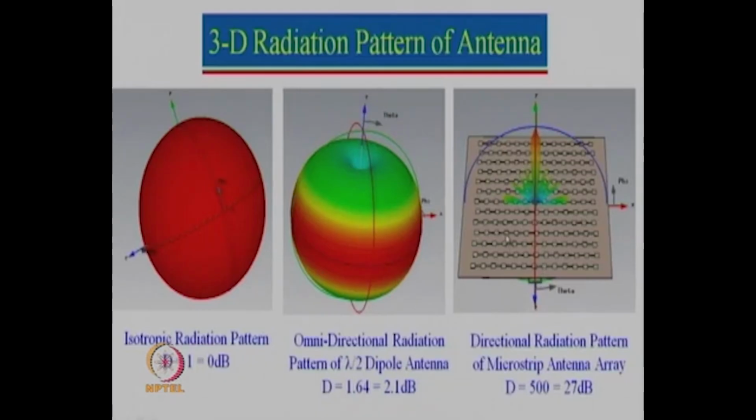So for this particular antenna we got a directivity of 500, and if you take 10 log 500, which is about 27 dB. What you can see here is the maximum radiation is in this direction, and these are all the side lobes associated with this particular antenna array.